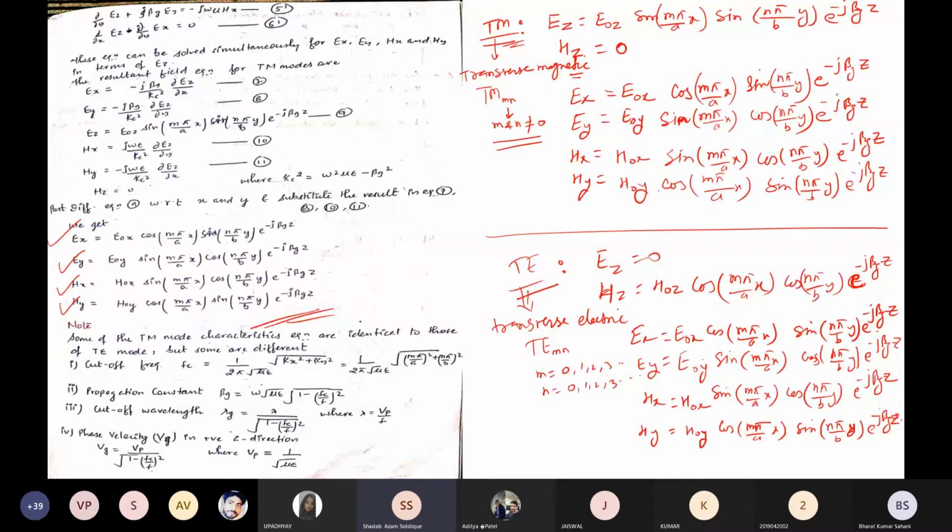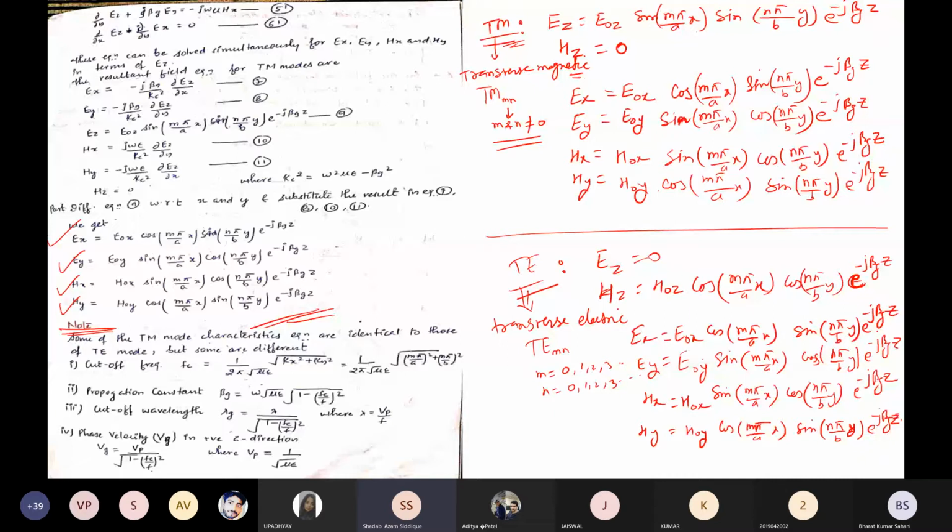Ez component will be zero for the transverse electric field, and Hz component will be zero for the transverse magnetic field. We will start with the Helmholtz equation, take the curl equation and find out the six equations. And by solving those six equations, by substituting del upon del z is equal to minus j beta g, and Hz and Ez whatever is zero, we will substitute and find out the six equations by solving that equation.